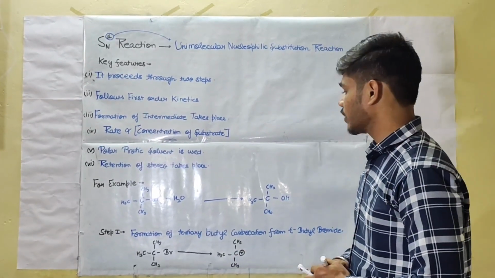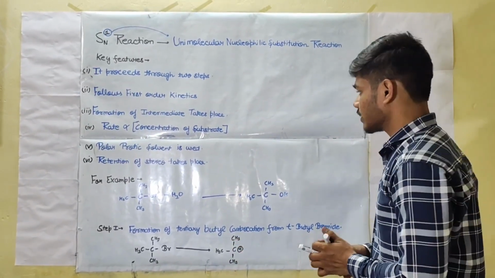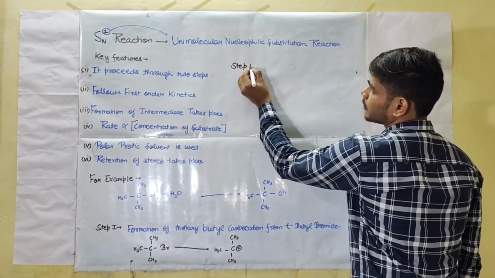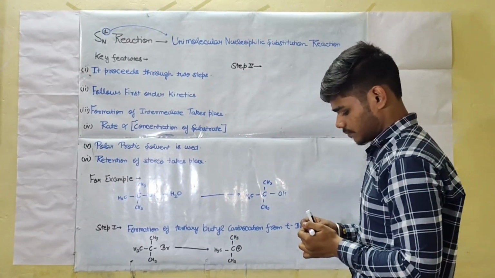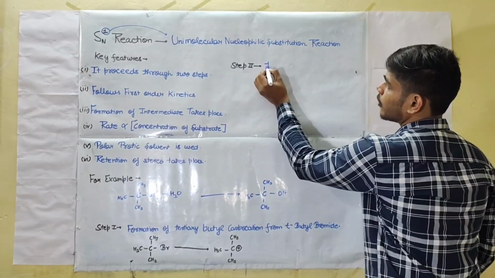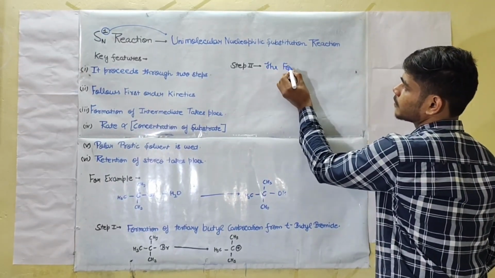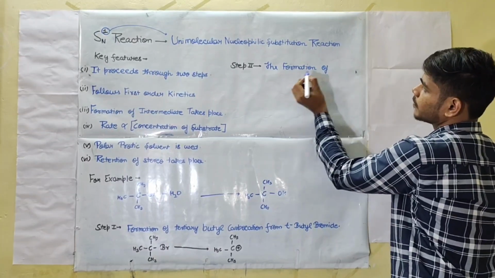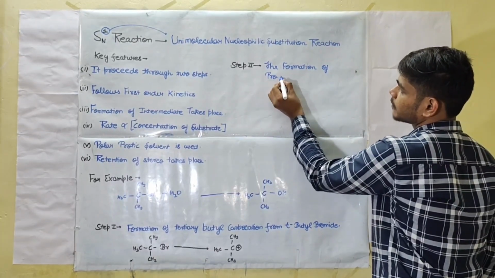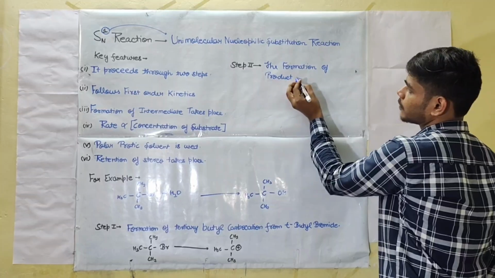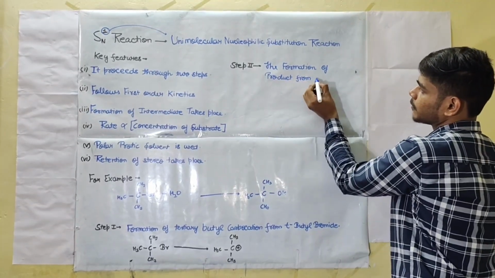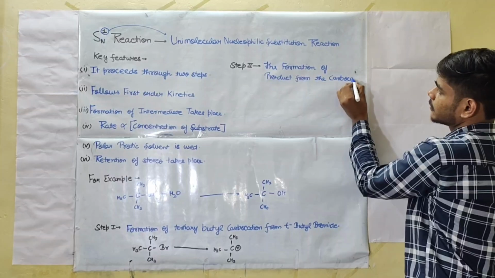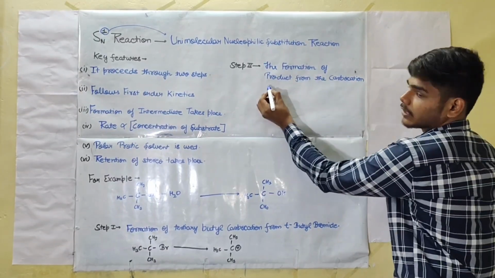So if we go through its second step, we see that the formation of product from the carbocation intermediate.